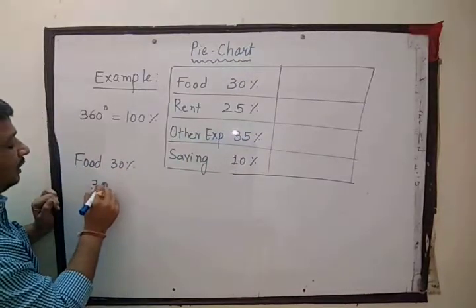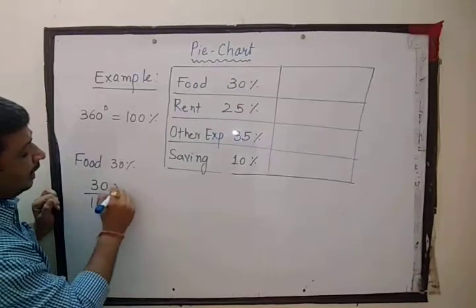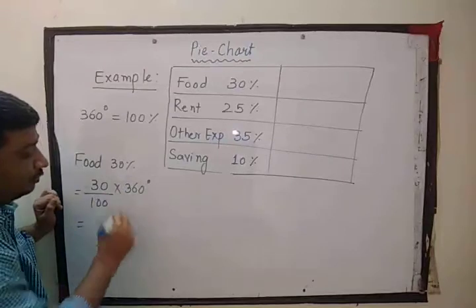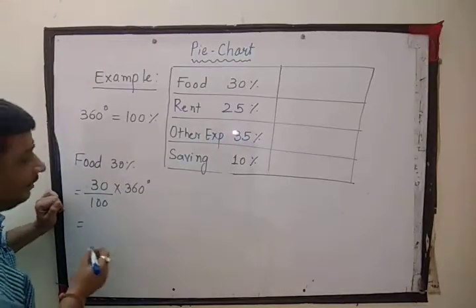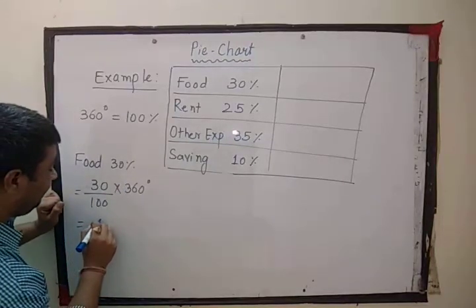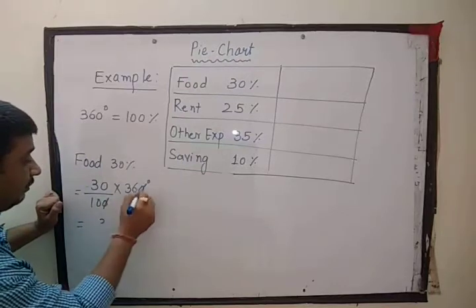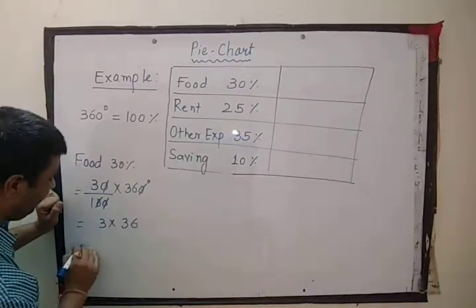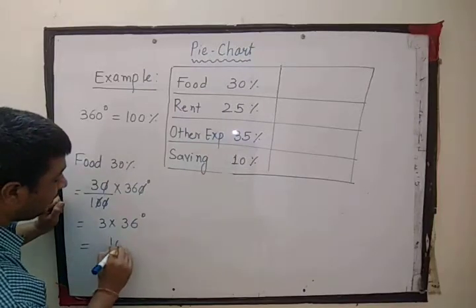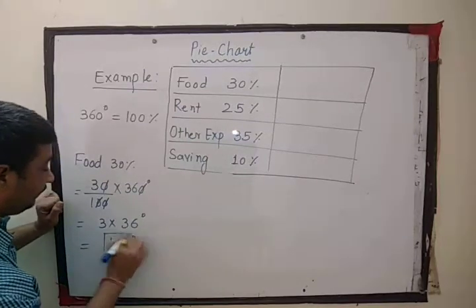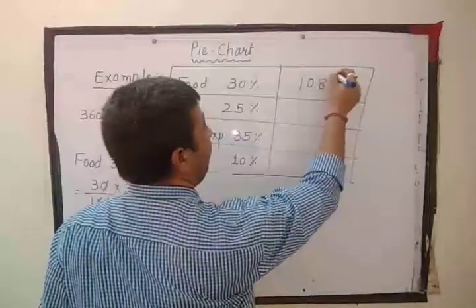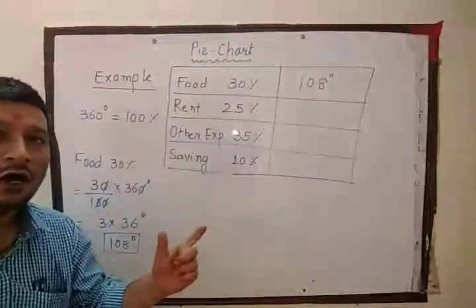So 30 out of 100 multiplied by 360 degrees, there you are going to get it in degrees. The zeros get cancelled, so 3 multiplied by 36, you are going to get 108 degrees. So it will be a 108 degree sector for food.